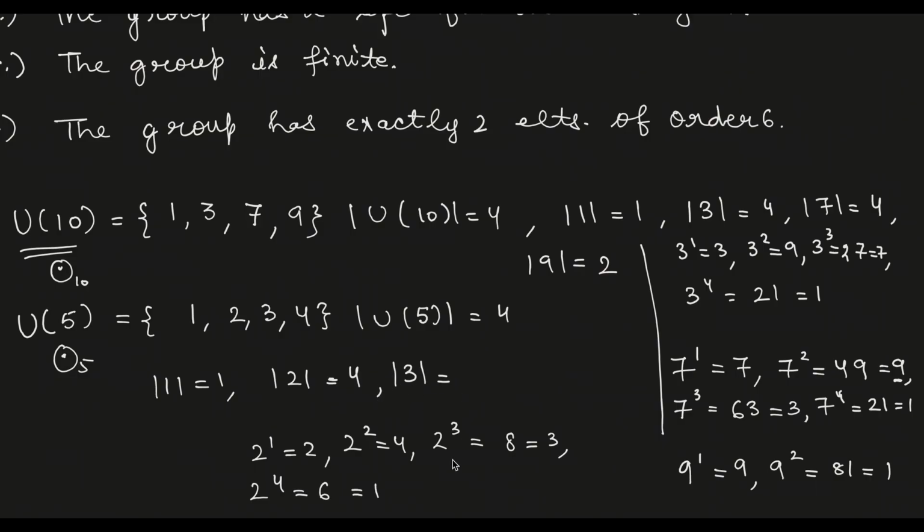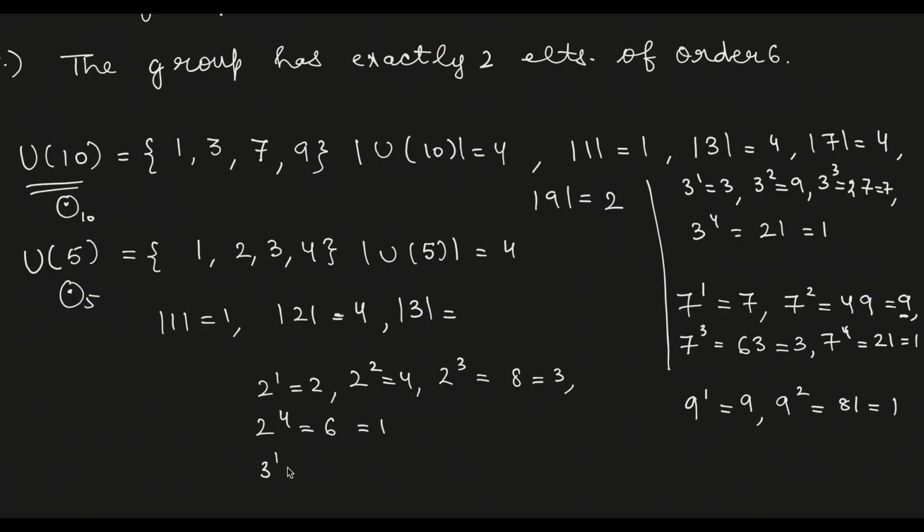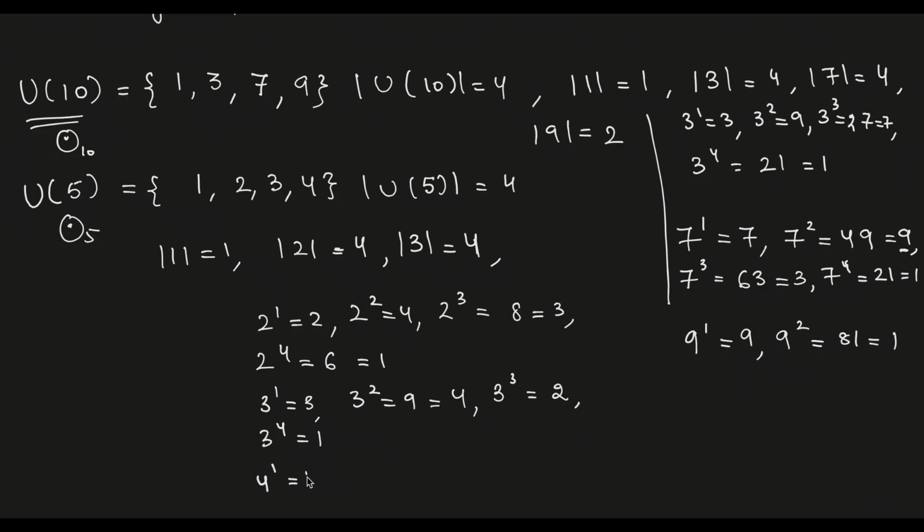Order of 3: 3 to the power 1 is 3, 3 square is 9, modulo 5 is 4, 3 cube is 12, which is 2, and 3 to the power 4 is 1. So order of 3 is 4. And order of 4: 4 to the power 1 is 4, 4 square is 16, multiplication modulo 5 will be 1, so order of 4 is 2.